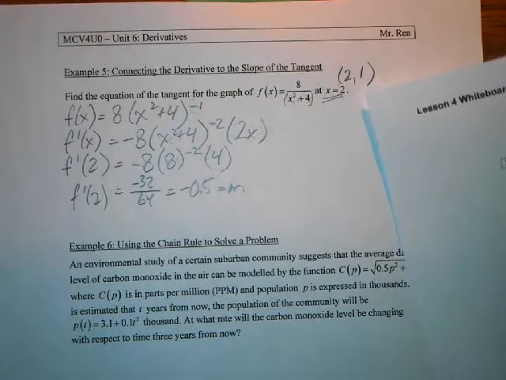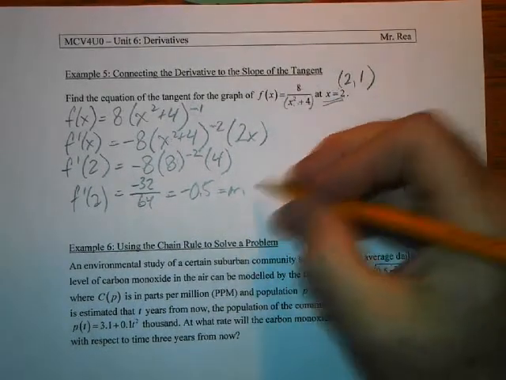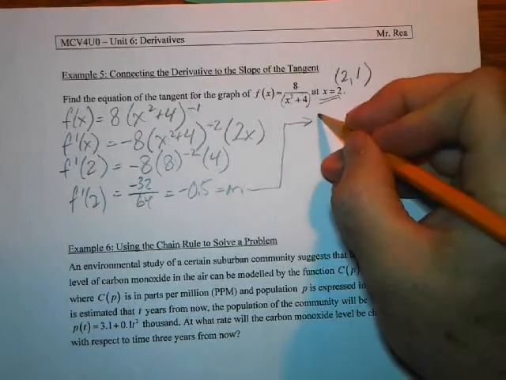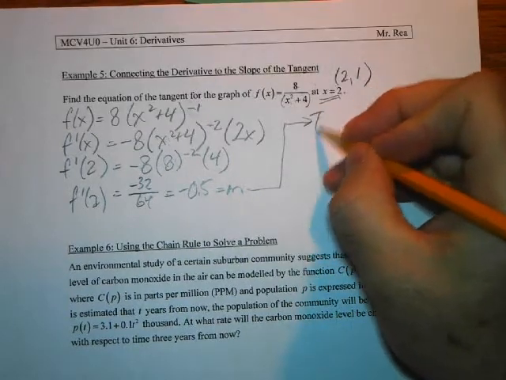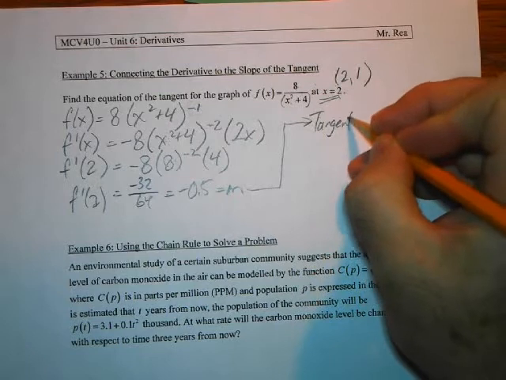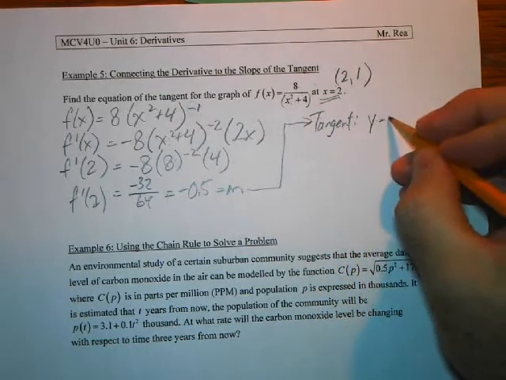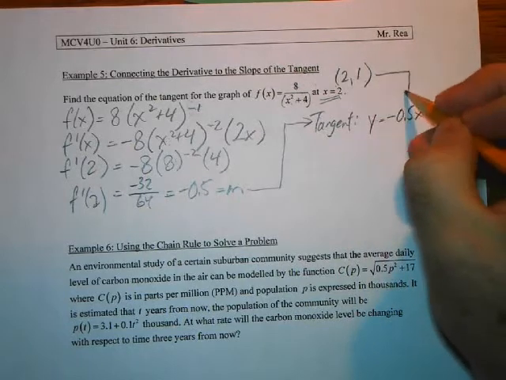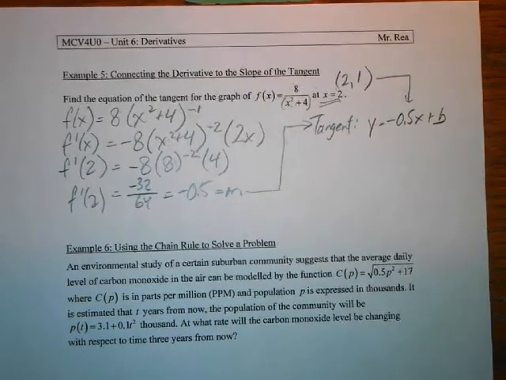because we do need to create the equation. So this becomes fairly simple at this point. The equation of the tangent is going to be y equals -0.5x plus b, and this is where we sub in the point 2, 1.